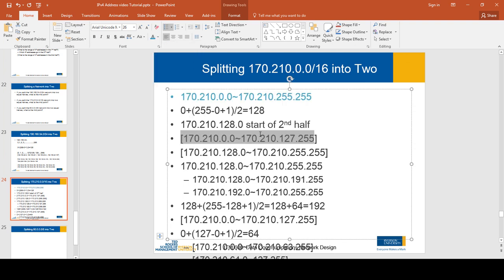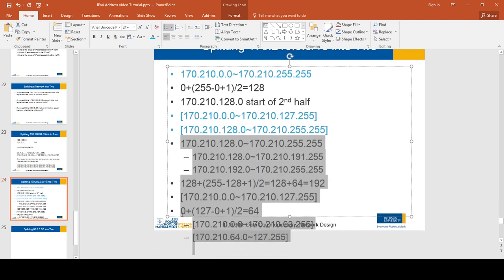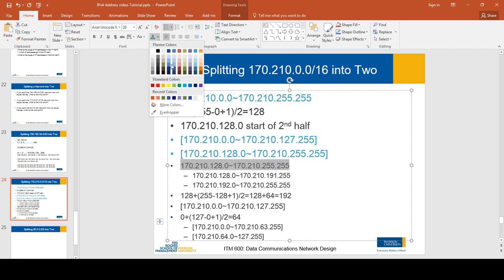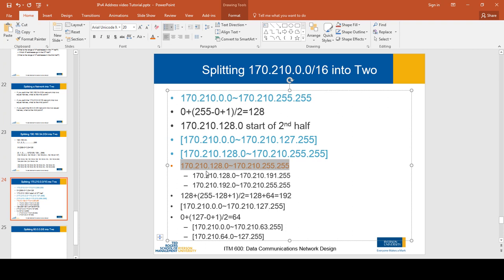Okay, alright, so this is our original range, and then we split it into two. This is the first half, and this is the second half. Let's say you are given this IP range, and then you split it into two.